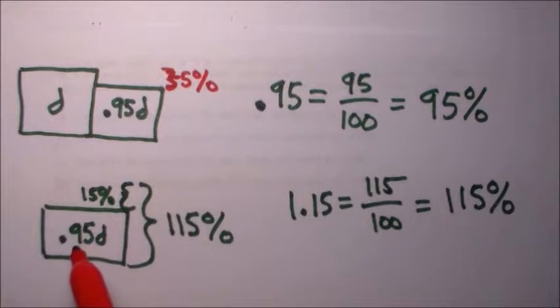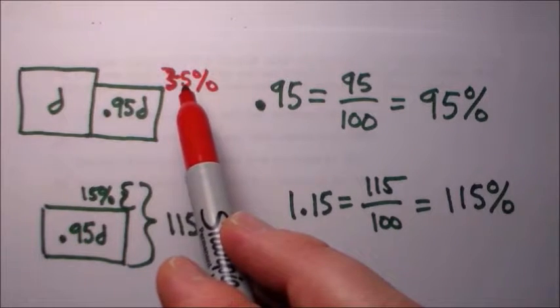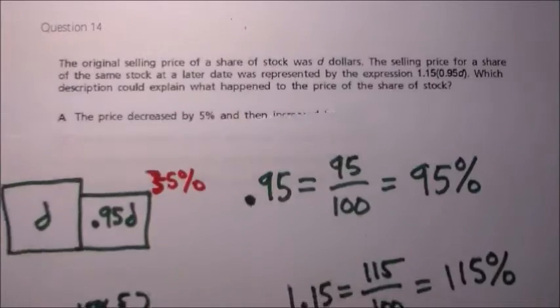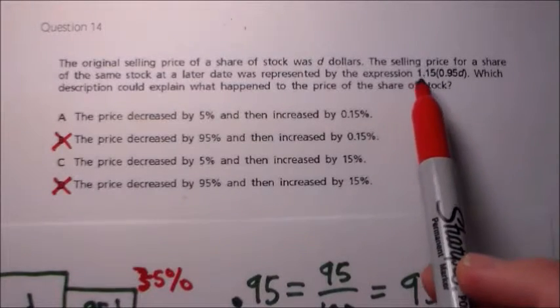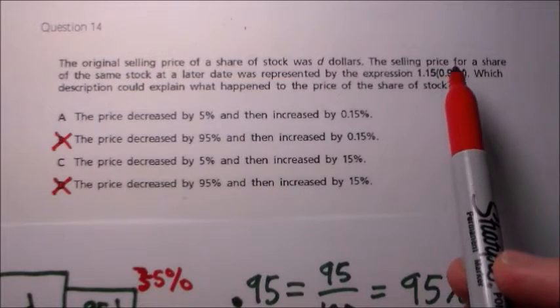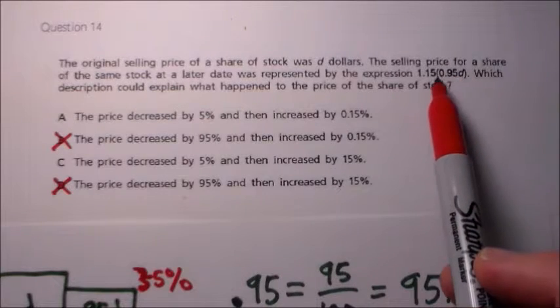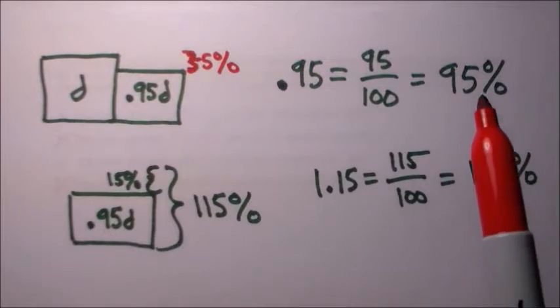Now we have 0.95D because we had the initial loss of 5%. And we're told that we have 1.15. So why in the world would we ever multiply this new expression by 1.15?